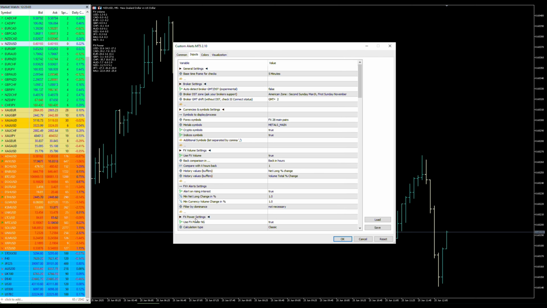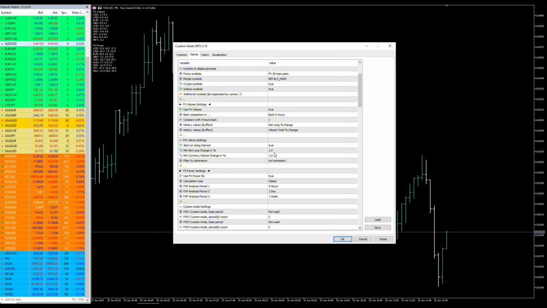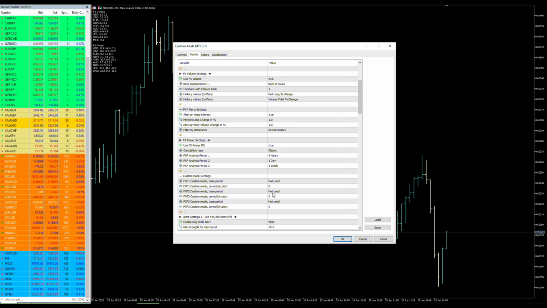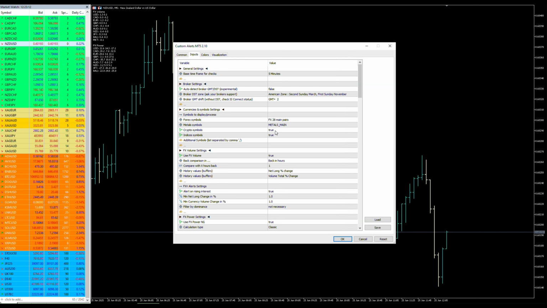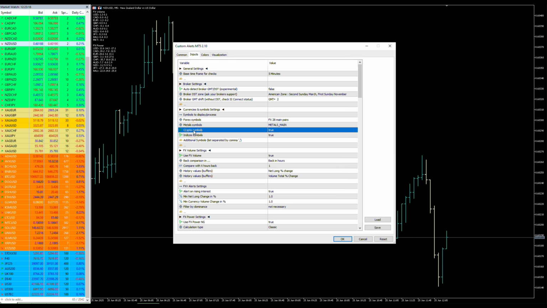Custom alerts is a well-known product for several months now, and it highly benefited from the latest improvements in our framework, and hence we can now analyze not just Forex and gold, we can also analyze crypto and indices as well.